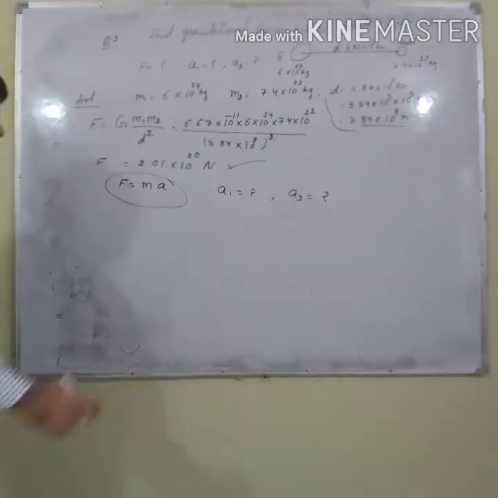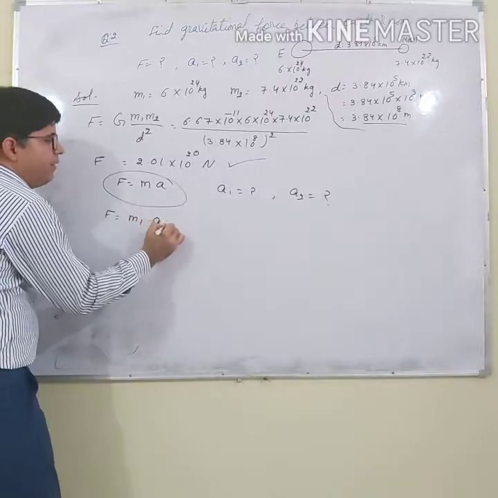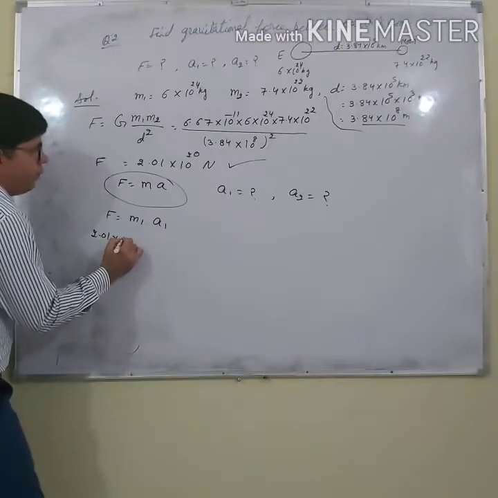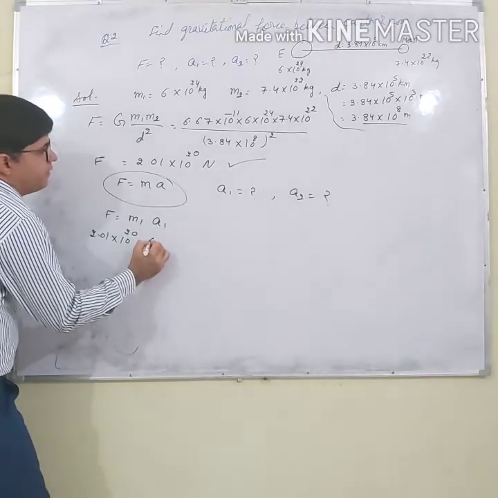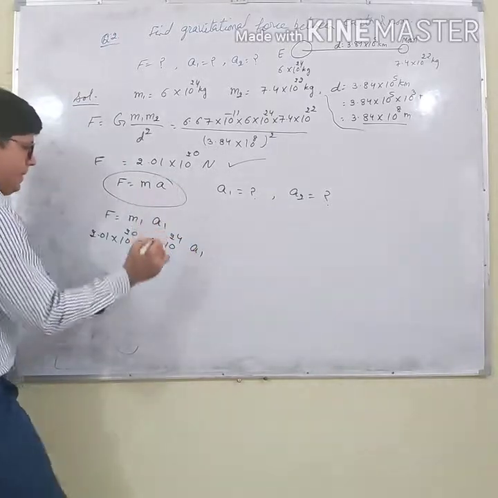We know that F equals m1 a1. So what is F here? 2.01 × 10^20, and m1 is 6 × 10^24, times a1.